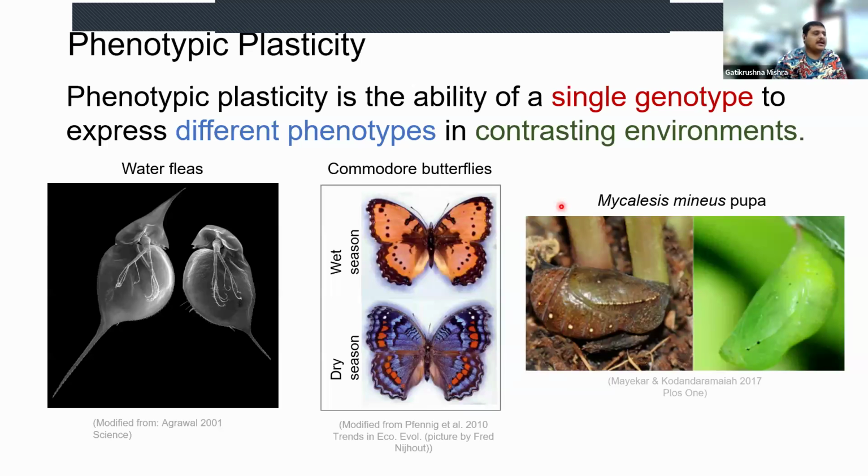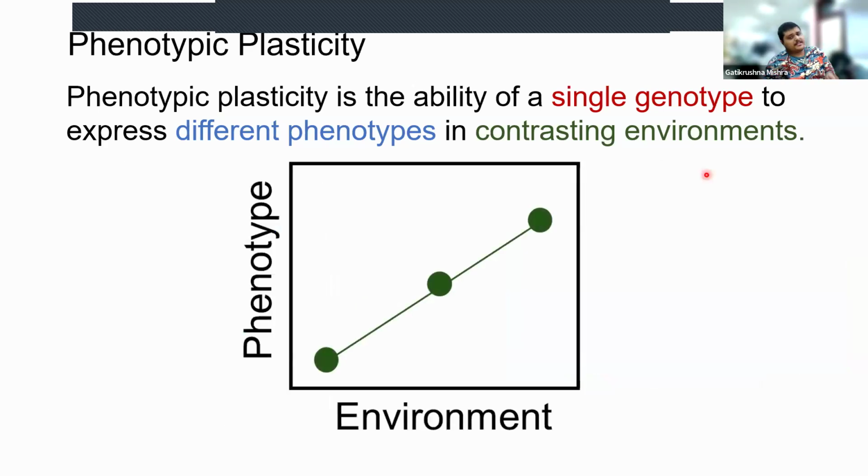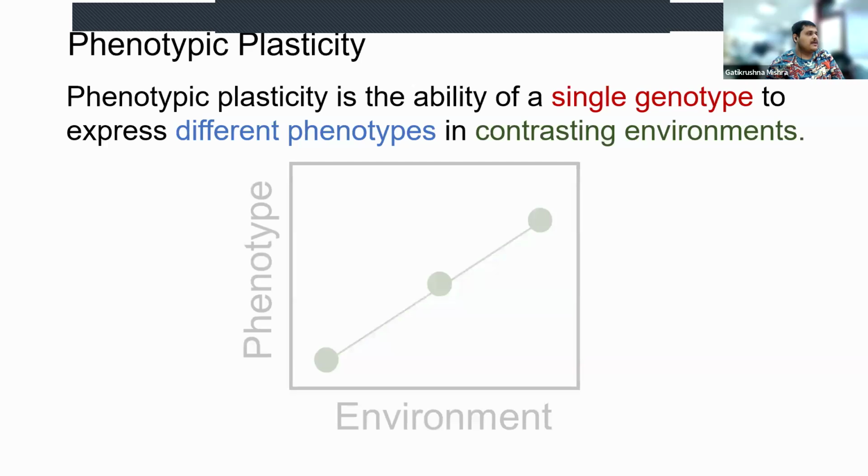These are some easy or common examples of phenotypic plasticity that we see around us, and phenotypic plasticity can be represented graphically by reaction norms. Reaction norms are basically phenotype on the y-axis and environment on the x-axis. The environment can be discrete, the environment can be continuous, but across different environments you'll have different phenotypes.